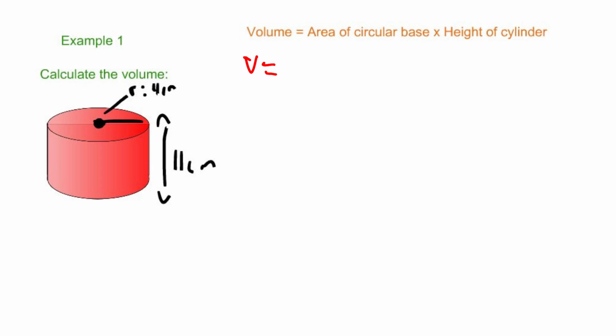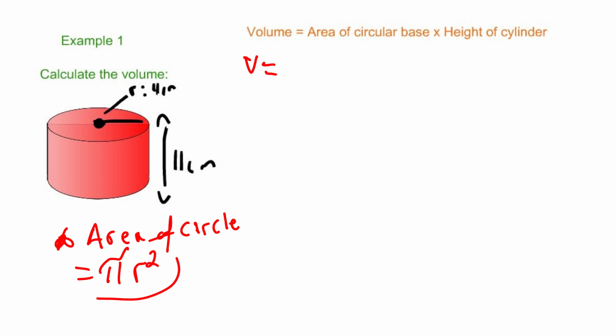Now the area of a circular base, well, just as a refresher here, the area of a circle is always pi r squared. That's important to remember because we're going to do that when we're looking for the area of the base because we're just finding the area of that circle. So volume equals pi r squared multiplied by our height.